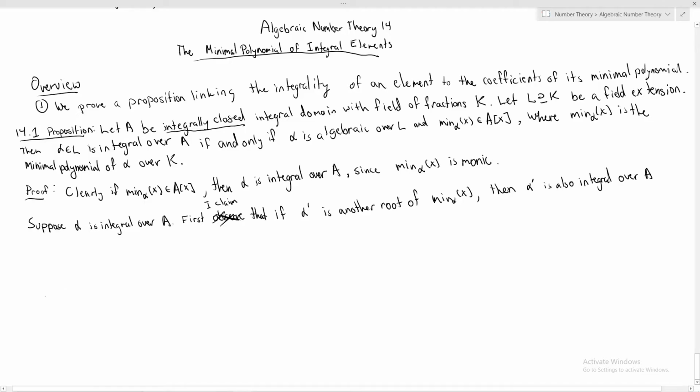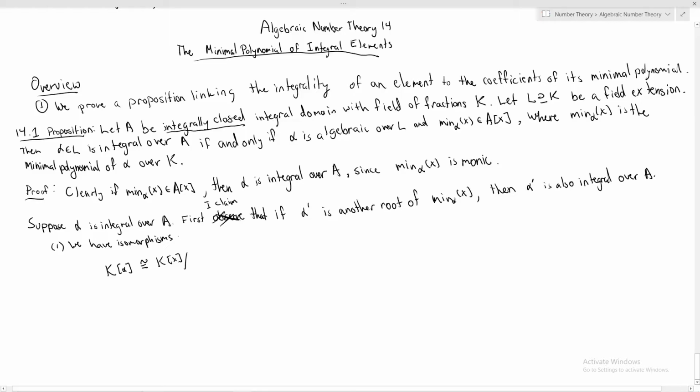To see this, essentially we use the following. There are two pieces to this. One is we have isomorphisms: K[alpha] is isomorphic to K[x] mod min_alpha(x).